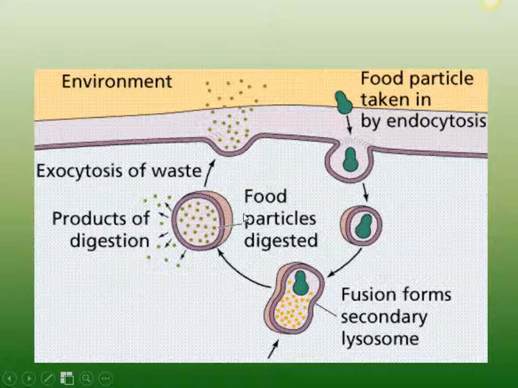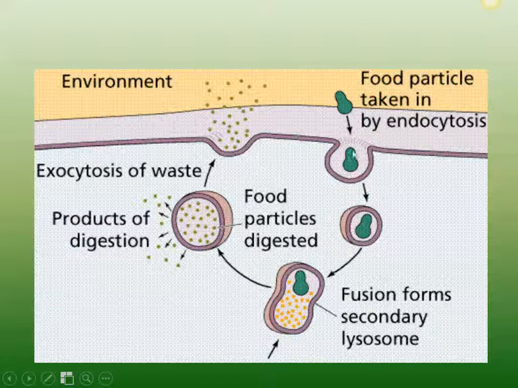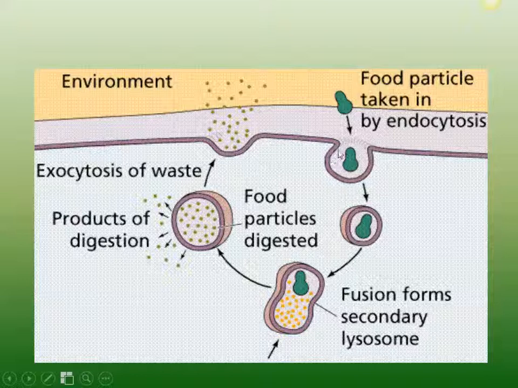Right, so this is just a nice picture of endocytosis. Here is this nice food particle, whether that's a big glucose molecule or something even larger than that. It's going to enter, so the cell membrane is going to come in contact with it. The cell membrane is going to kind of engulf it and then pinch off here into a nice food vacuole. This little vacuole is going to fuse with the lysosome, and then the digestion is going to go in here.